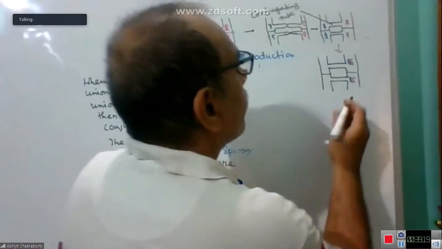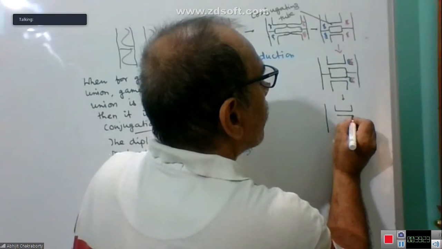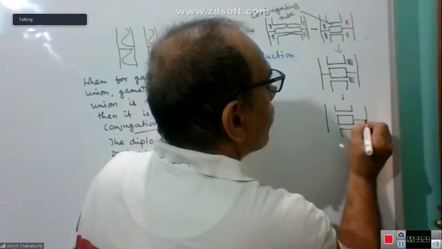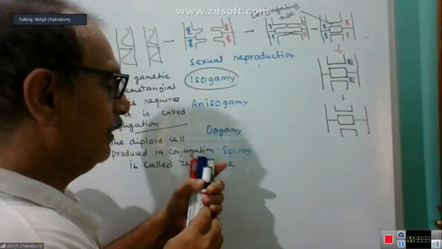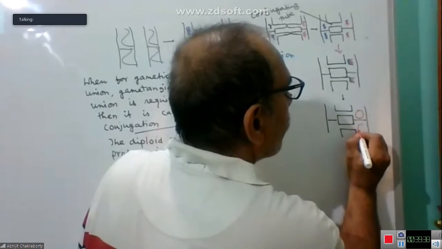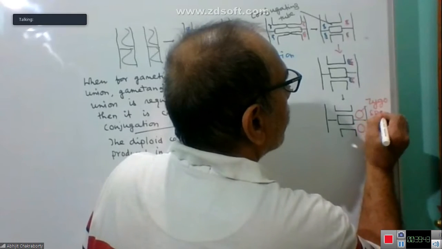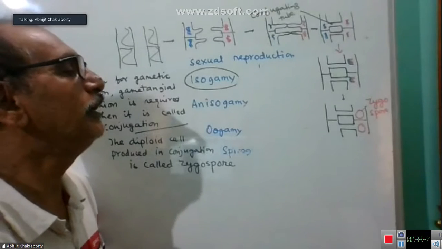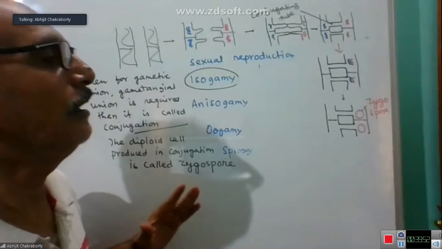Eventually, one filament is found free, and in the other a zygospore is found. Why is it called zygospore? Because it is produced by means of conjugation. Clear?